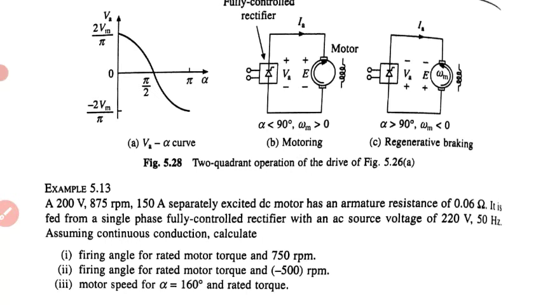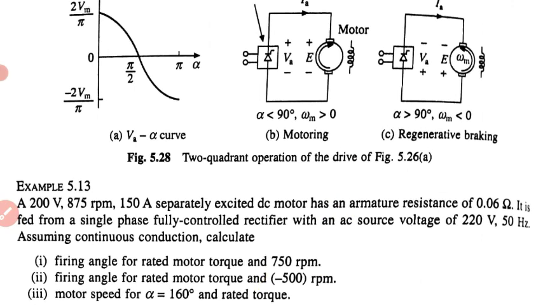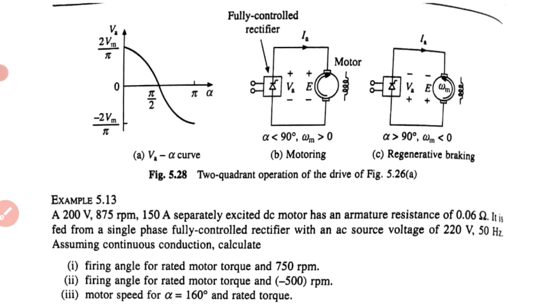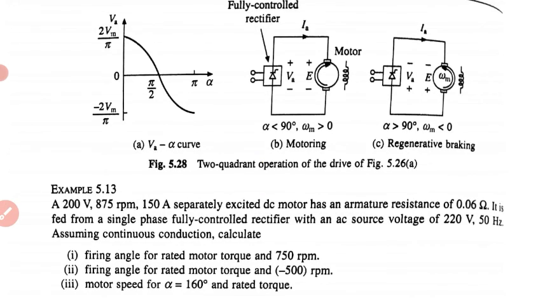Assuming continuous conduction, calculate the firing angle for rated motor torque and 750 rpm, the firing angle for rated motor torque and minus 500 rpm, and the motor speed for alpha 160 and rated torque.